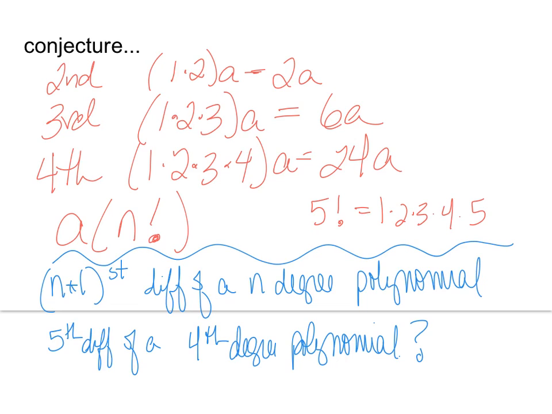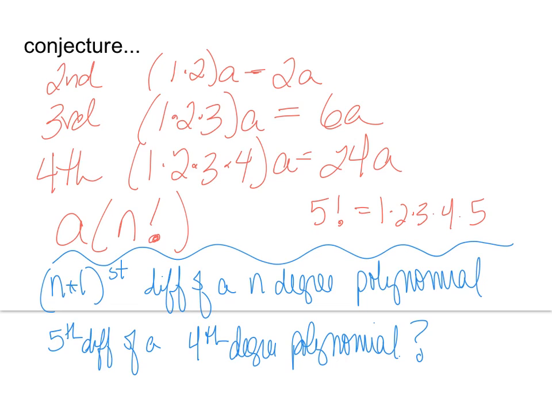If you go back a slide or two and looked at, say, the third difference of a third degree polynomial, your constant was 6a. Or the second difference of a second degree polynomial, your constant was 2a. The fourth difference of a third degree polynomial, your constant was 0.